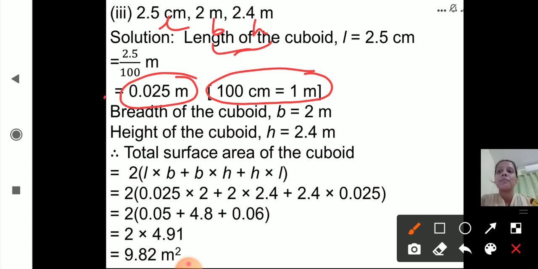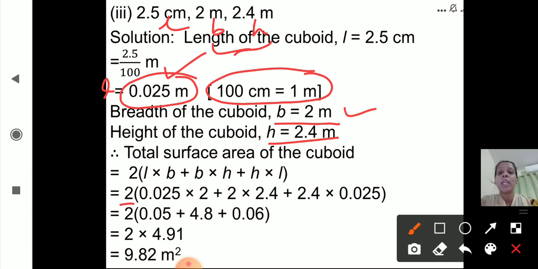This is length. Now this is breadth. 2 meter is given breadth, and height is given 2.4 meter. Now we can use the formula. Total surface area of the cuboid is equal to 2 outside the bracket, inside the bracket, L into B plus B into H plus H into L. Put the values. 2 outside the bracket, inside the bracket, L into B. L is 0.025, multiplied by breadth 2.